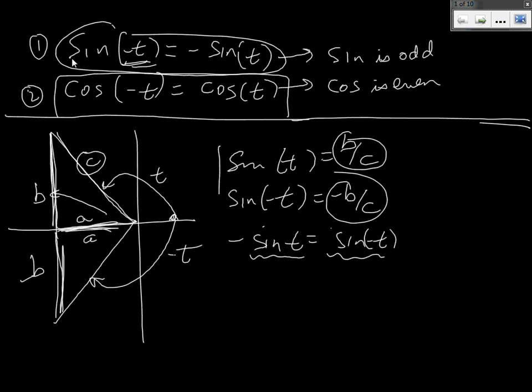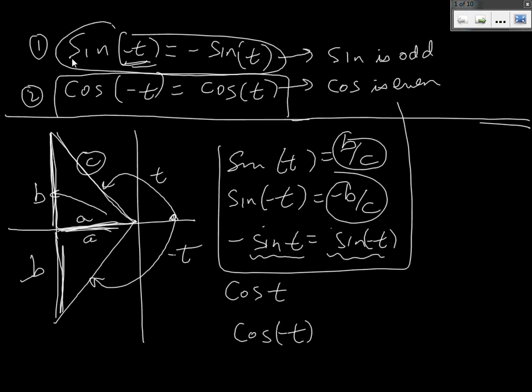Now, let's verify equation number 2 in quadrant 2. The cosine of t and the cosine of negative t. The cosine of t means I'm in the top triangle. Why the top one? Only because that's where t ended. Cosine of this reference angle is the adjacent divided by the hypotenuse, a over c.